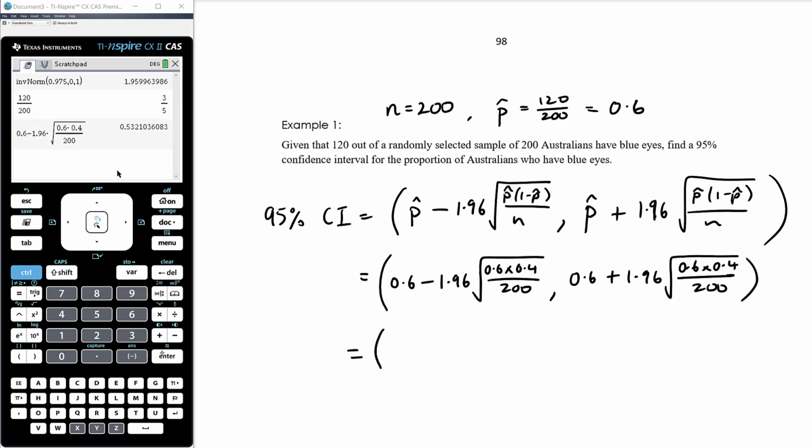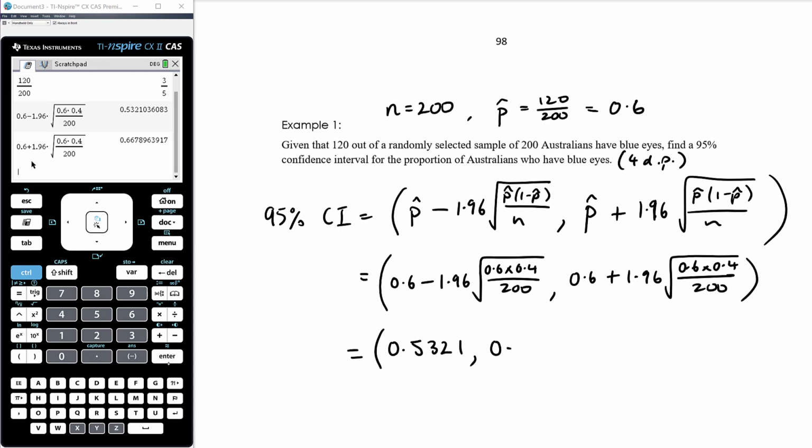Okay, so we should have been given accuracy here. Let's go with, I don't know, 4 decimal places. So 0.5321, comma, and then we need that same calculation but with a plus there, 0.6679.